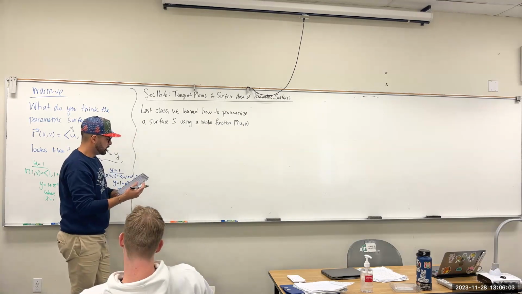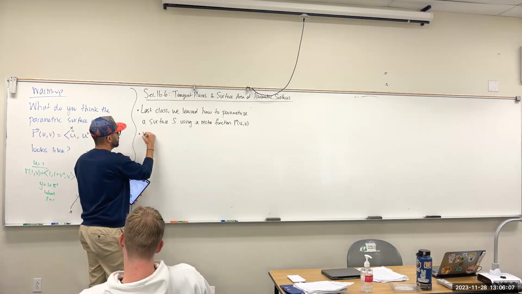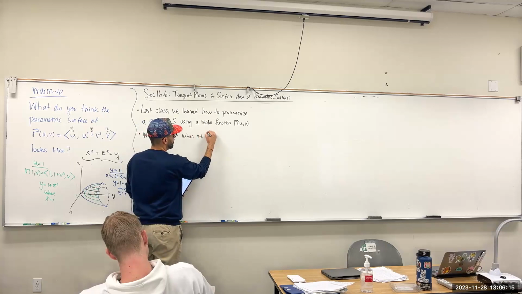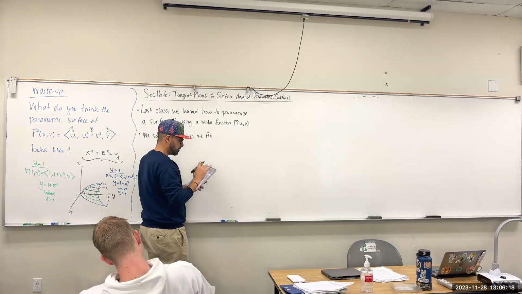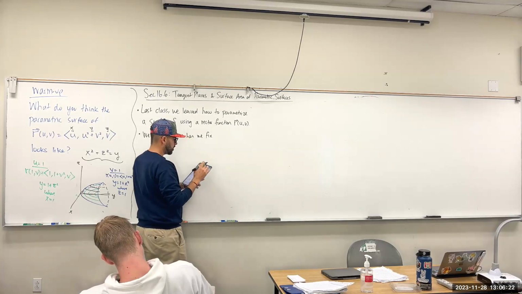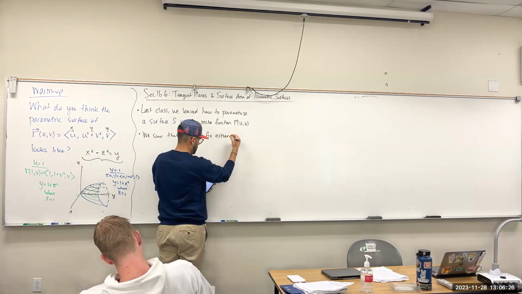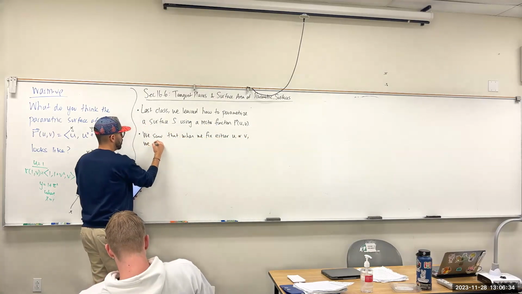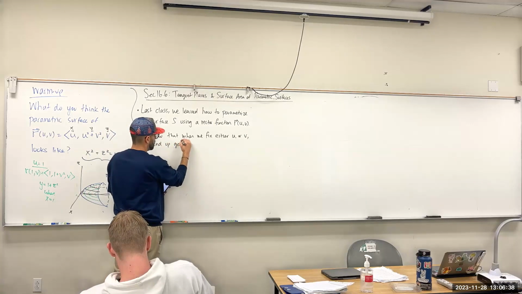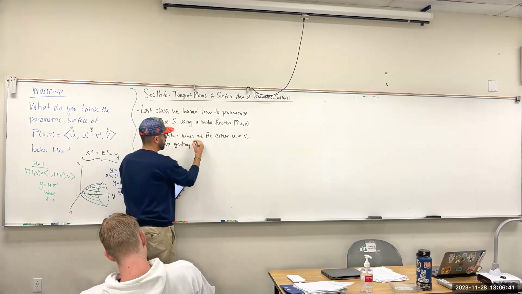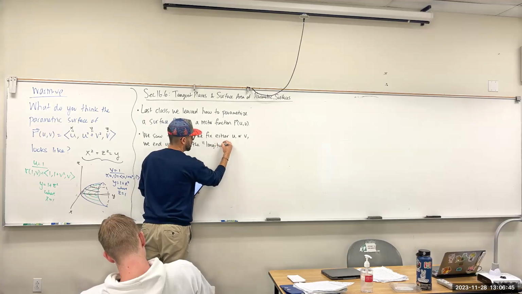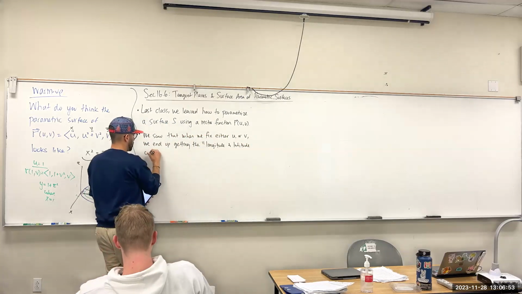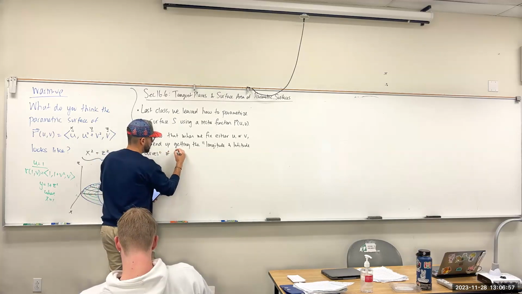And so there's this point, and then the other one is, we saw that when we fix either u or v, we end up getting, and the textbook doesn't use this, but I'm calling them the longitude and latitude curves of the surface.